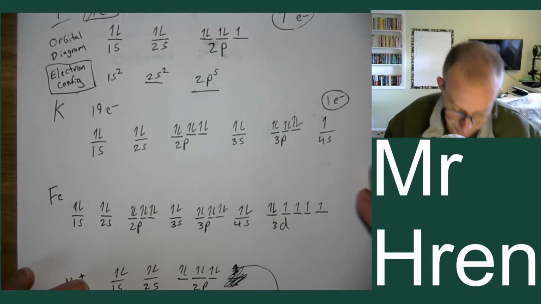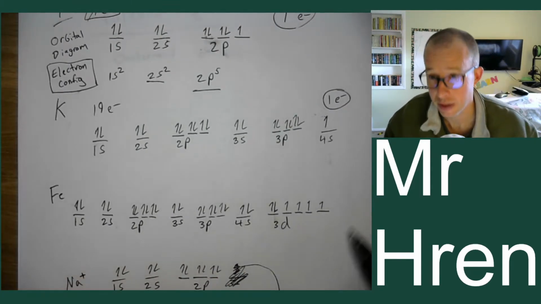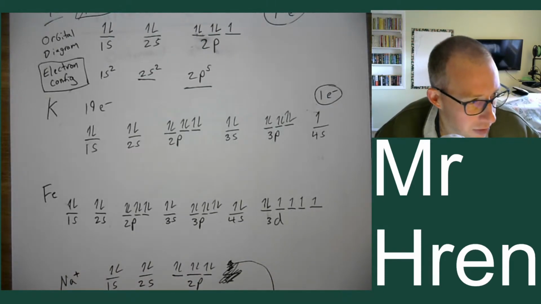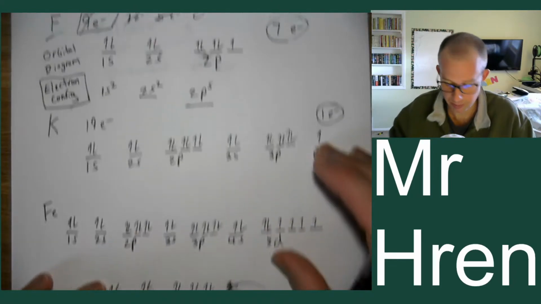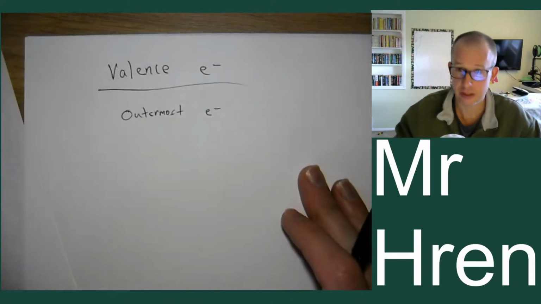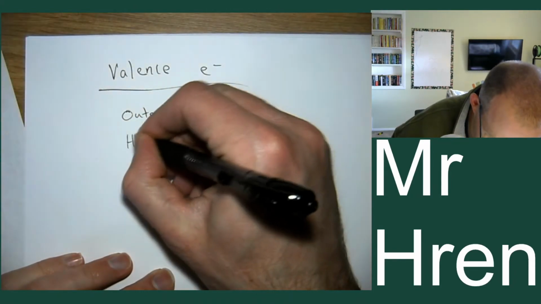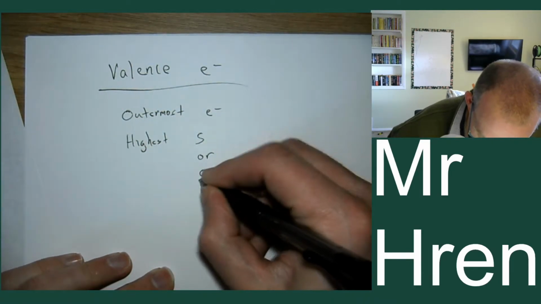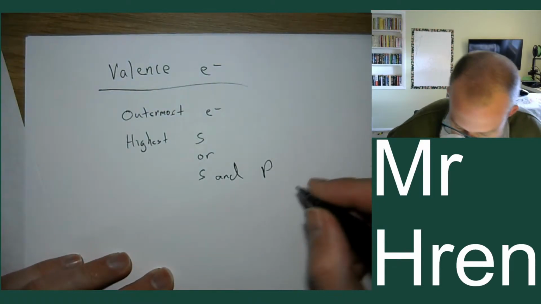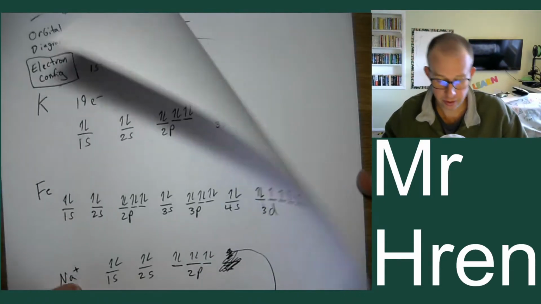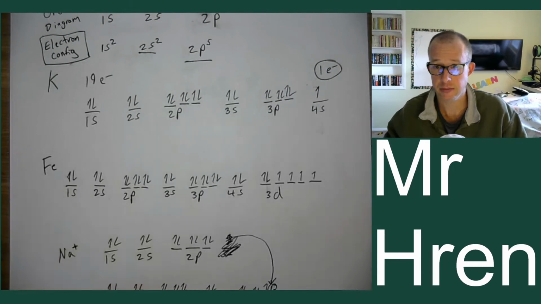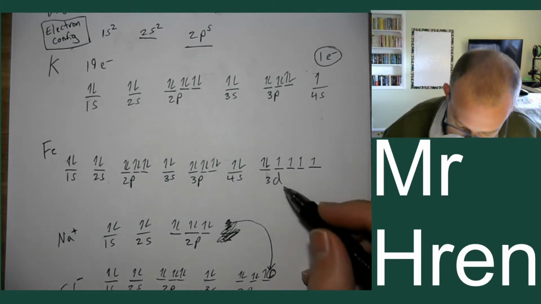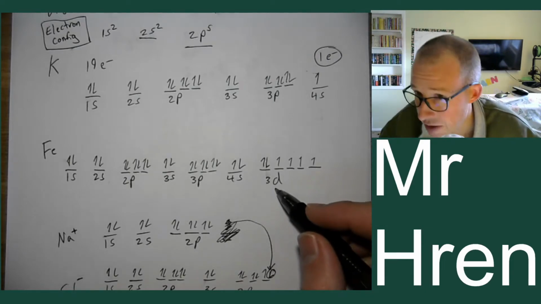Now, something like iron, on the other hand, is a little confusing. Valence electrons are the highest s or s and p sublevel. In the case of iron, the highest sublevel present is 3d, but that's not an s or a p.